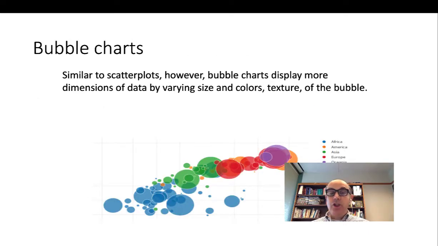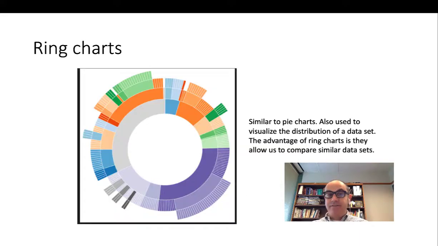So bubble chart, I think if you saw the presentation, the two videos that I asked you to see, they use bubble charts to present that. And it is quite nice because it allowed us to display dimensions of the data based on size, color, textures, and the shape of the bubble itself.